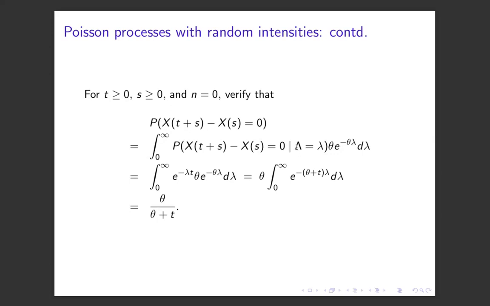And now, given capital Lambda equal to little lambda, this probability we know because this has a Poisson distribution with parameter lambda t, and such a random variable taking the value 0, that probability is e to the power minus lambda t. So times this PDF, so that is already here. So you have this.